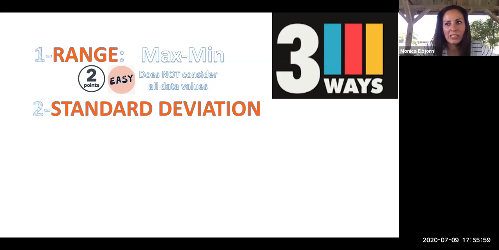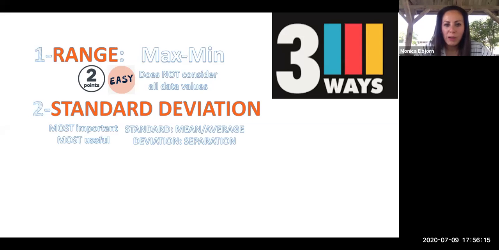Because we have talked about population, we have talked about sample, we have talked about the average, but now we're talking about the variation between your samples. The standard deviation is the most important and the most useful in statistics. So by standard, we mean the mean or the average.